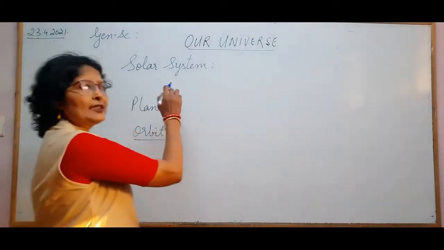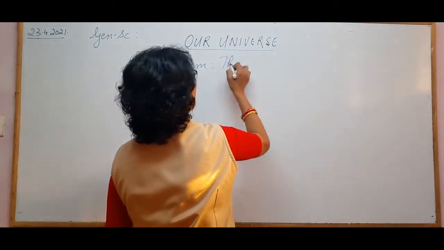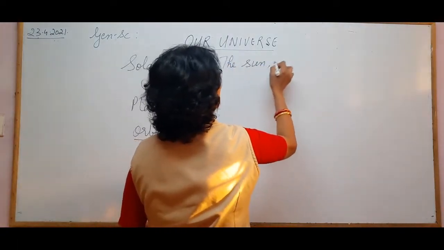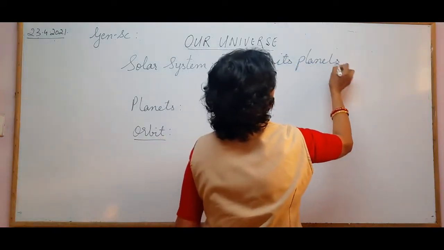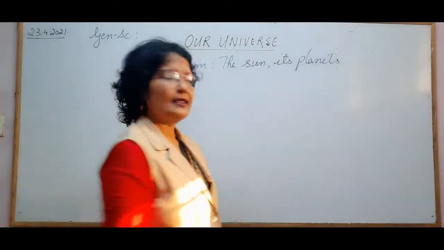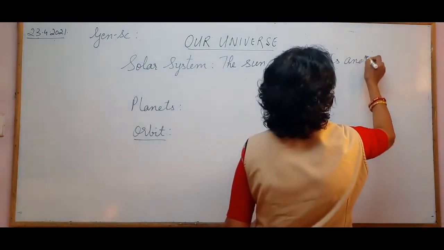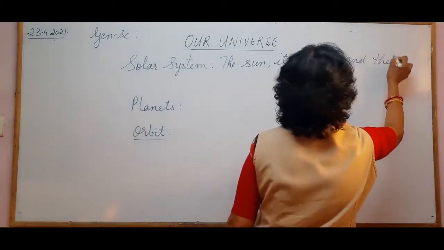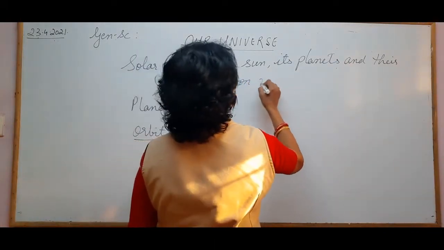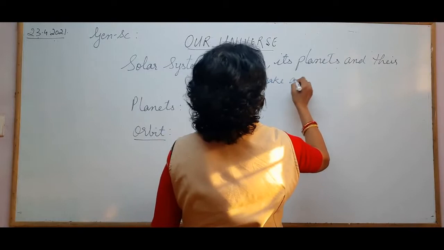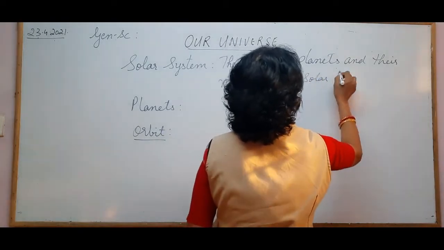So the solar system is the sun, its planets and their moons. They make up a solar system.